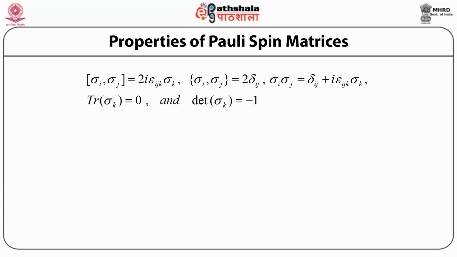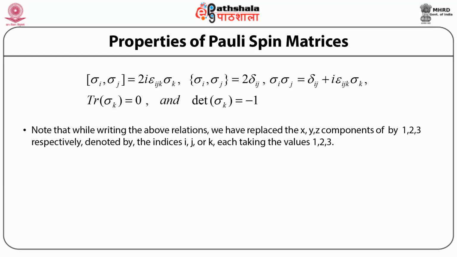The trace of sigma k is equal to 0 and the determinant of the Pauli spin matrices represented by sigma k is equal to minus 1. Note that while writing the above relations, we have replaced the x, y, z components by 1, 2, 3 respectively, which are denoted by indices i, j or k, each taking the values 1, 2, 3.